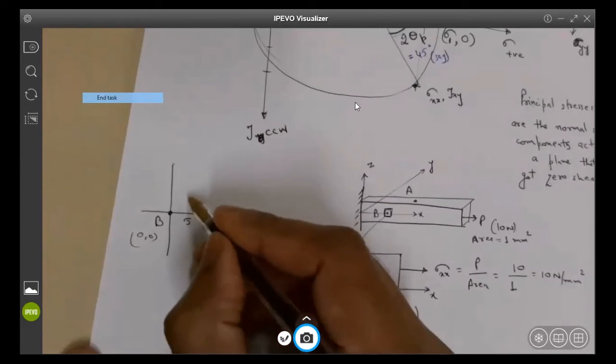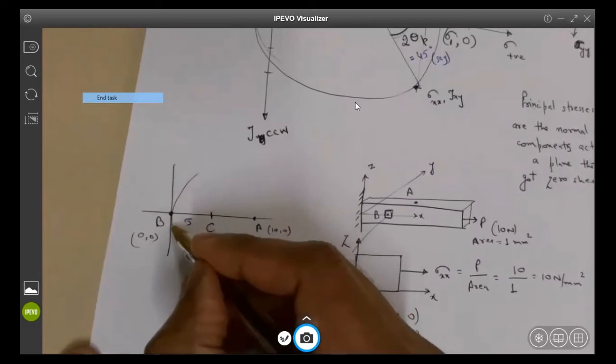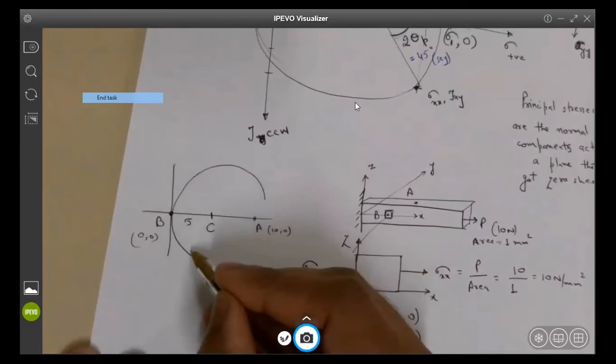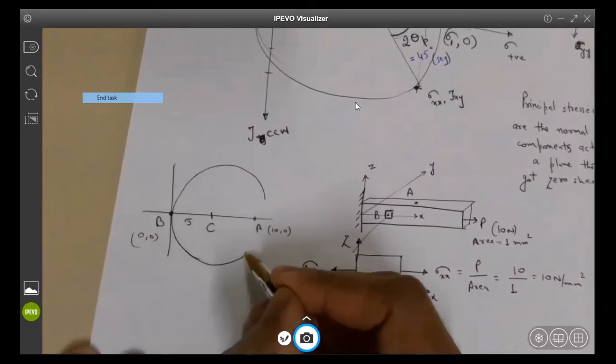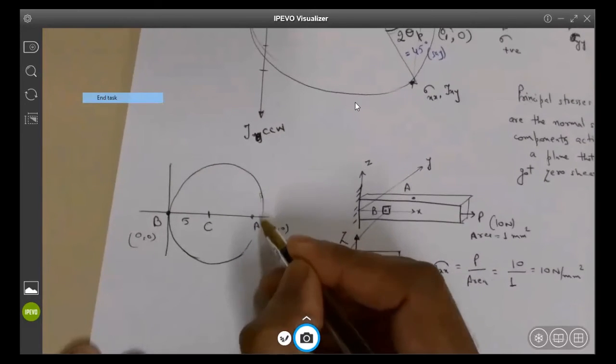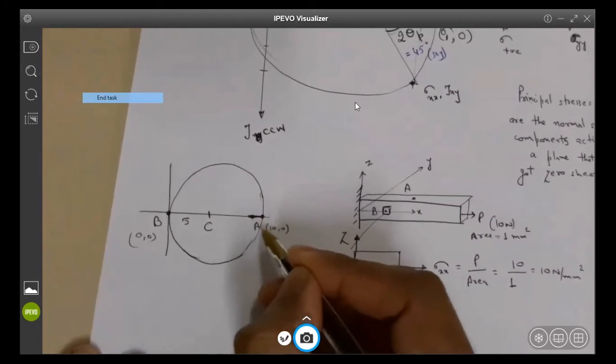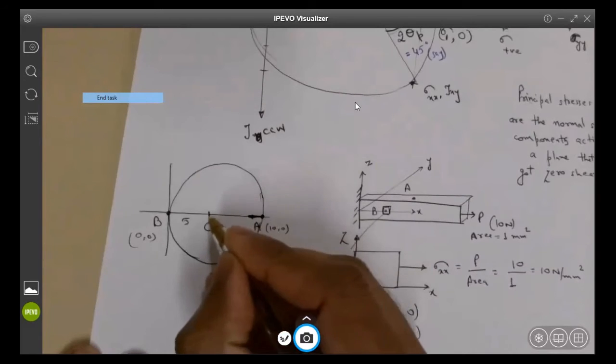Perfect. So now you know how to construct a Mohr circle for this scenario. Let's say this is your point A. This is 5 and this is 5.